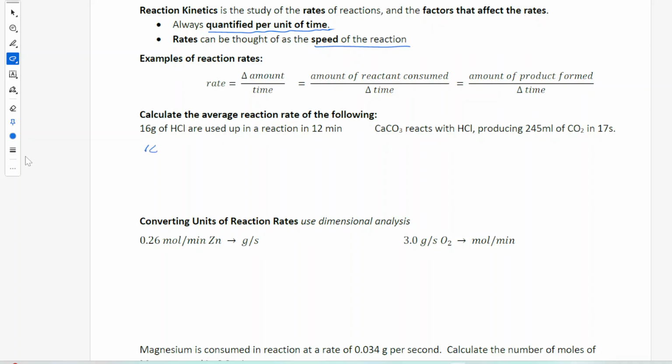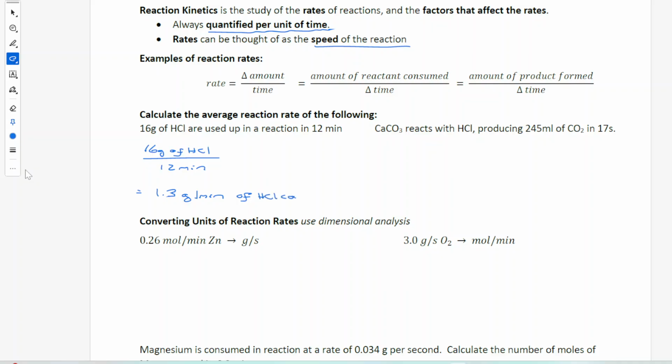So we would simply write 16 grams of hydrochloric acid in 12 minutes. And then you would just type it into your calculator. So you grab your calculator and go 16 divided by 12, which is going to give you, to 2 sig figs, 1.3. And then the units would be grams per minute of hydrochloric acid consumed.